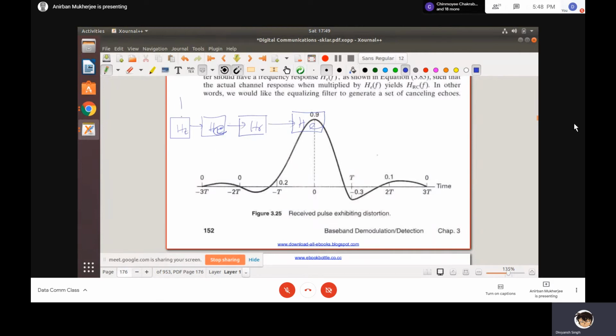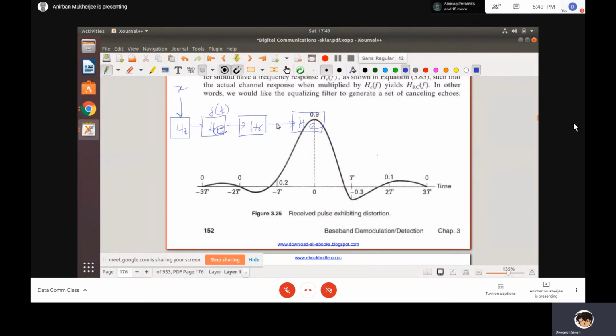Say the input is some sort of X. Now HT and HR are some sort of a root raised cosine pair; the total is raised cosine. If the channel doesn't do any degradation, if it is a delta T, then what will happen at the equalizer input? You have X and H raised cosine characteristics, and that should be the input.